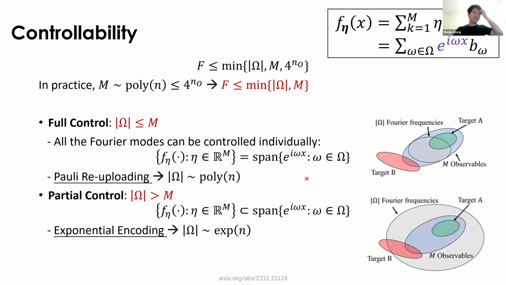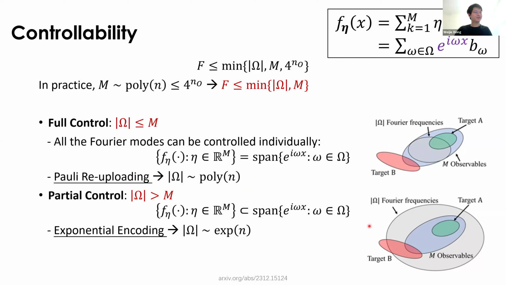But since the number of frequencies is polynomial in system size, we will see that this can be classically surrogated. If the number of observables is smaller than the number of frequencies, we call this regime the partial control regime. And in particular, the exponential encoding, which provides you exponentially many frequencies, belongs to this regime.